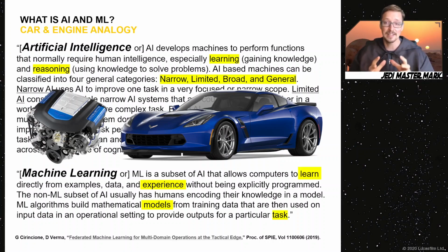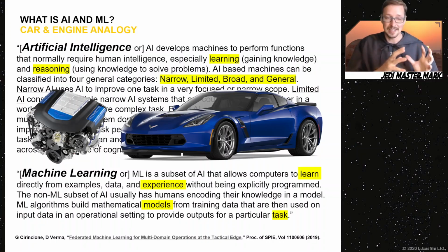But it's not entirely everything, right? Artificial intelligence is going to have a lot of scaffolding built around it in order to make it work, whereas machine learning is a subset of that. It's a very important part of that AI architecture, but it's not everything.